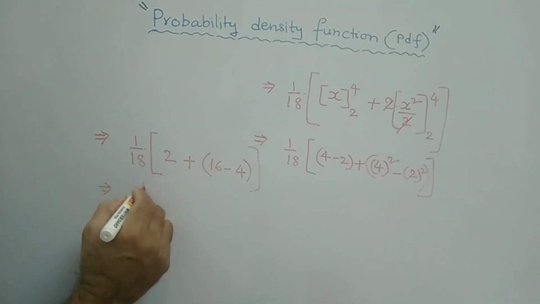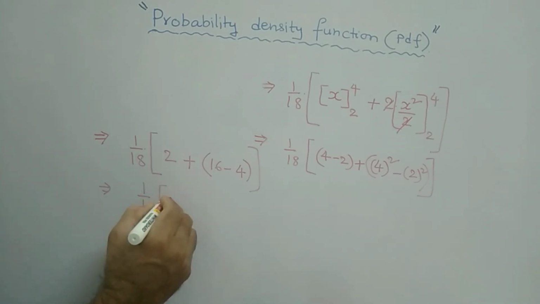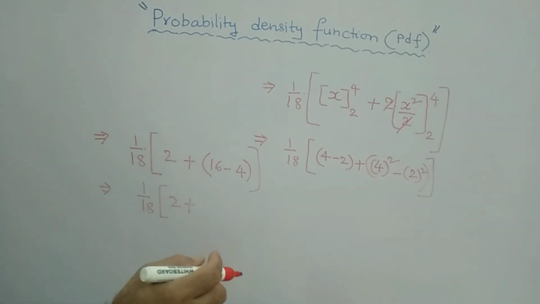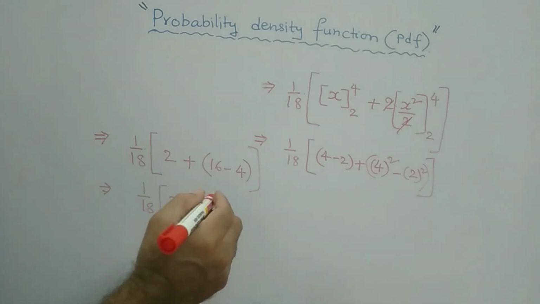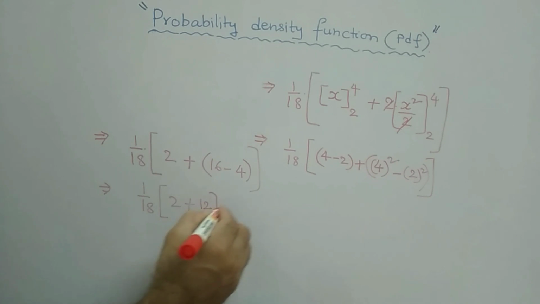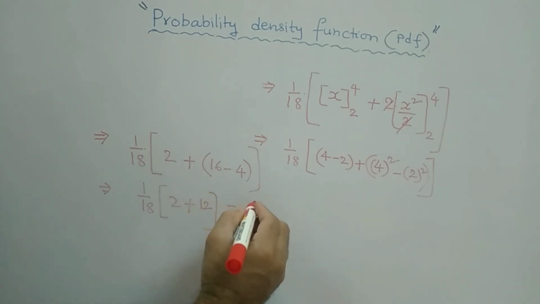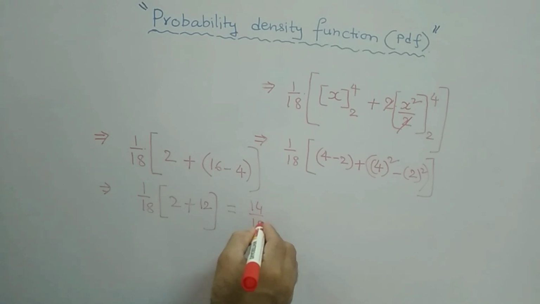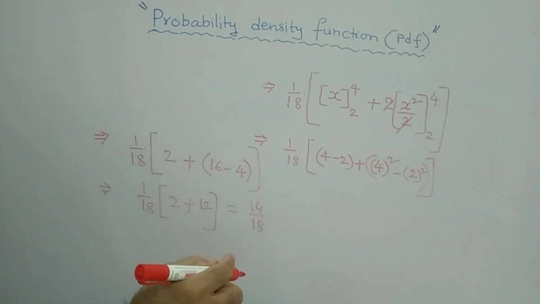This is equal to 1 by 18 of 2 plus 16 minus 4. How much actually? 16 minus 4 is 12, and so it is 14 by 18. It is coming. Is it so?